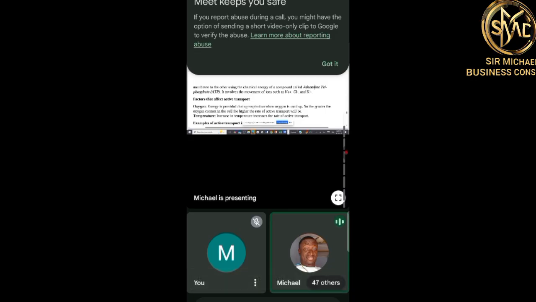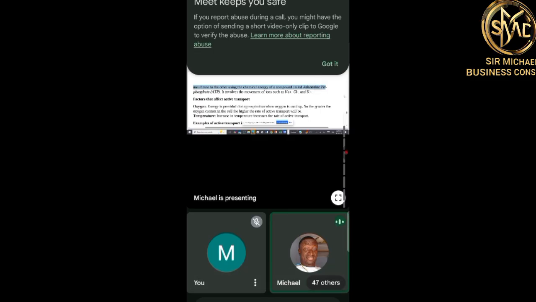So basically we have three: FADH2, NADH, and ATP, with ATP being the most popular one. Later, when we talk about other aspects of biology, like the Krebs cycle, we will talk about these energy currencies.